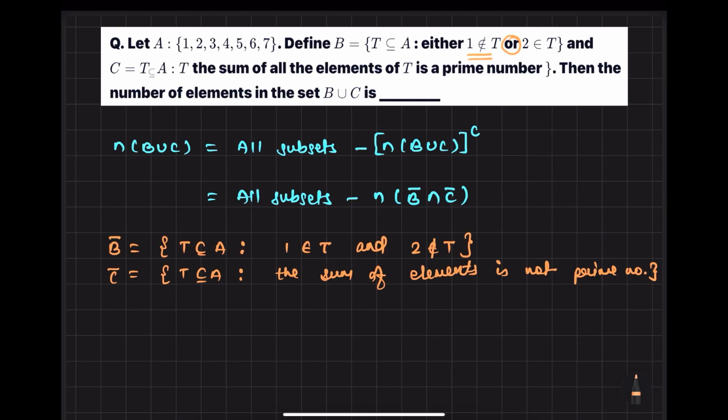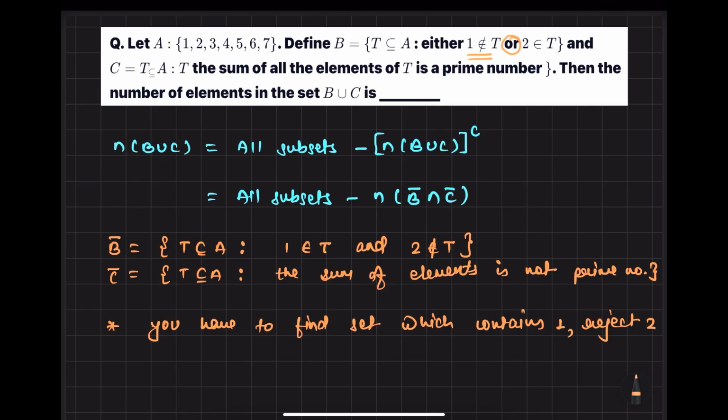So how can we conclude? Intersection means you have to find a set which contains 1, rejects 2, and whose sum is not prime, okay.